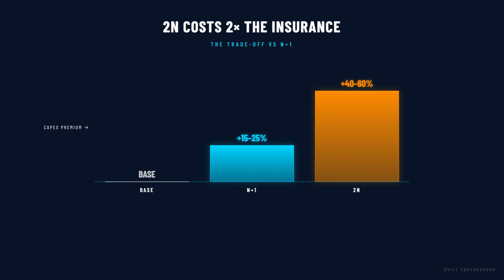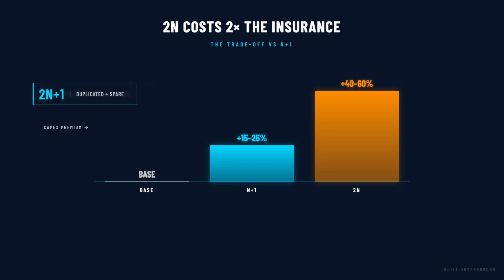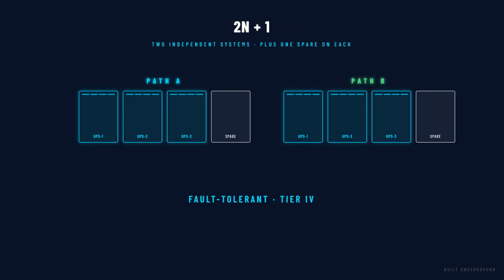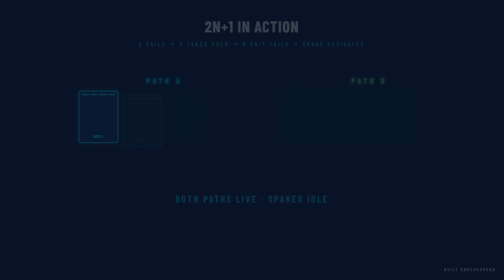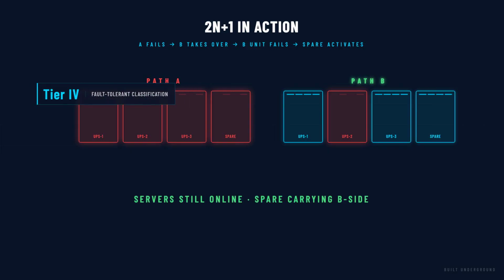Some facilities go further. 2N+1 means two independent systems, each with an additional spare component. This provides protection against a complete path failure plus a simultaneous component failure on the surviving path. This is the highest tier of data center redundancy, corresponding to Uptime Institute's Tier 4 classification, fault tolerant.